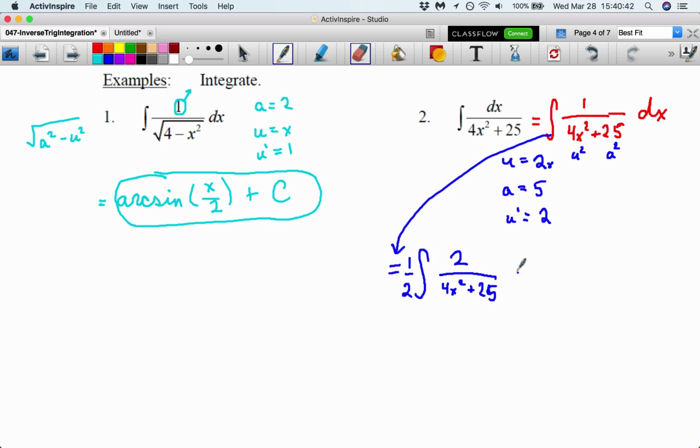And that way, I'll have a u prime over u squared plus a squared, or a squared plus u squared, however you want to cash it out. And that's exactly what I need for arctan.